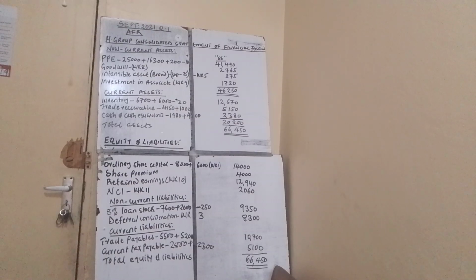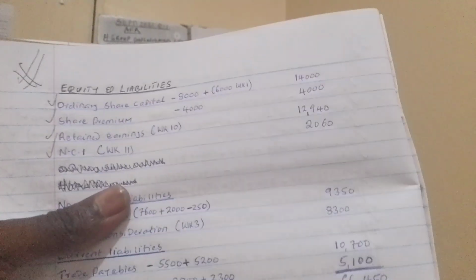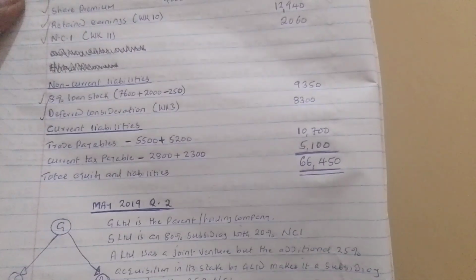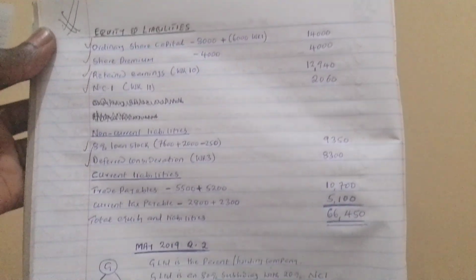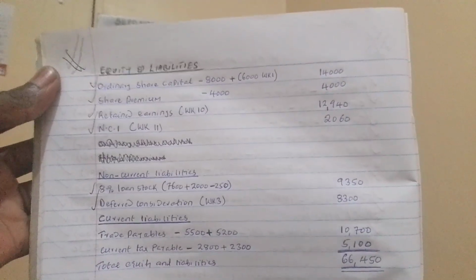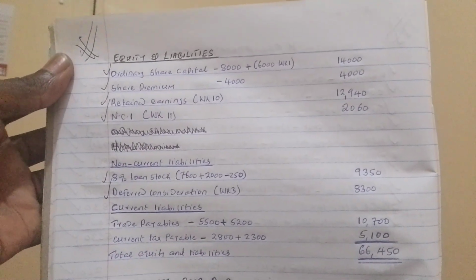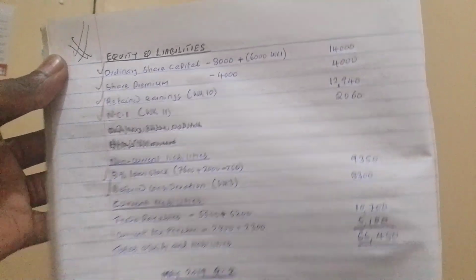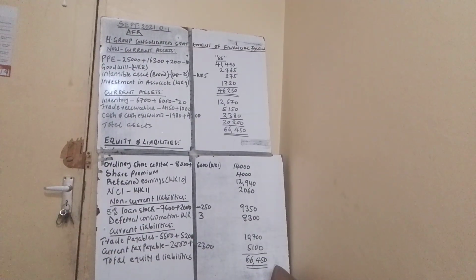Then you move to the other side and you get the conclusion, the final side, which is equity and liabilities. Equity and liabilities. The final side, the other side, that will be the other side. So ordinary shares. Now I can illustrate now this one from the other side because I see that that's the point that we are trying to undertake.